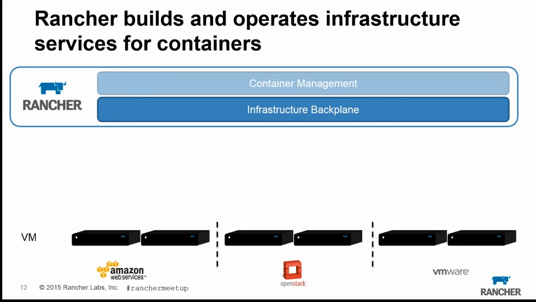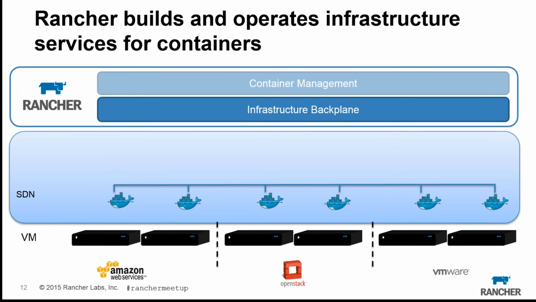And that means we implement services like container networking and container storage and load balancing, and we do it against infrastructure that could be a physical server running in your data center. It could be a private cloud deploying virtual machines. It could be your VMware cluster, or it could be any public cloud.